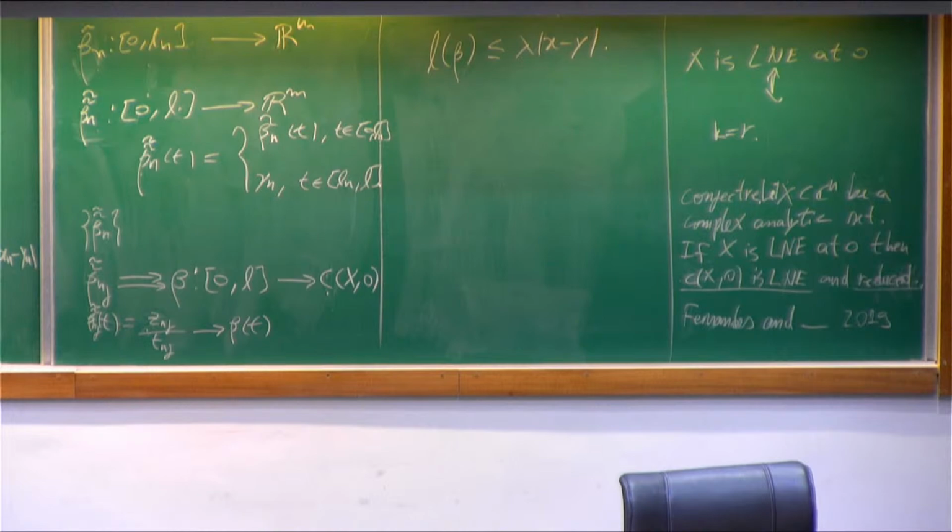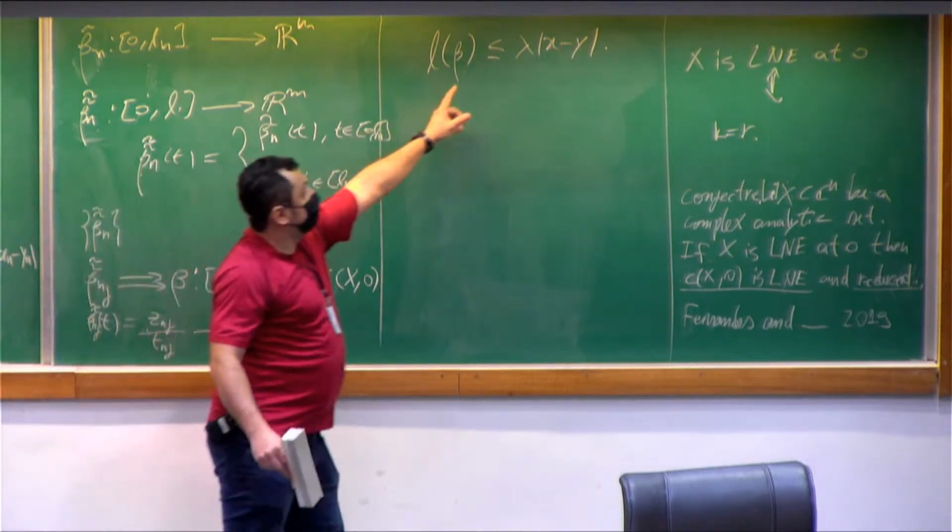The limit sup of these guys is greater than the length of the limit, the length of beta. But the limit sup of these guys is less than lambda times x minus y. This is why we have that.